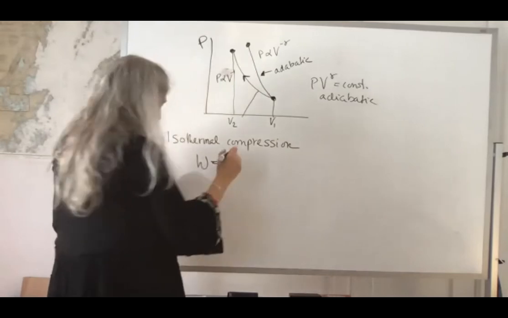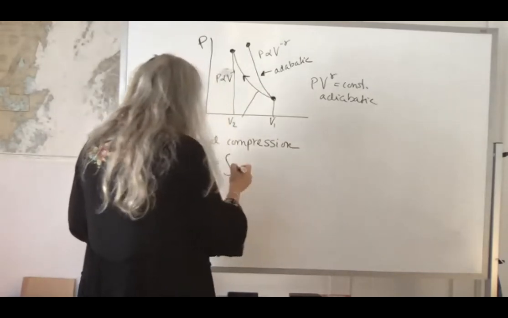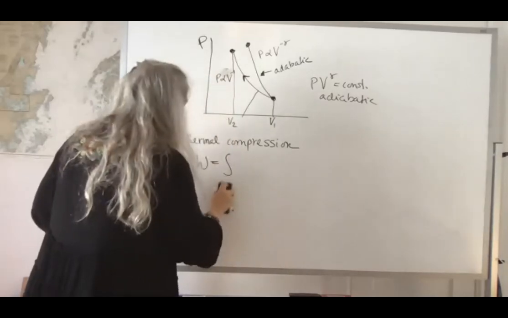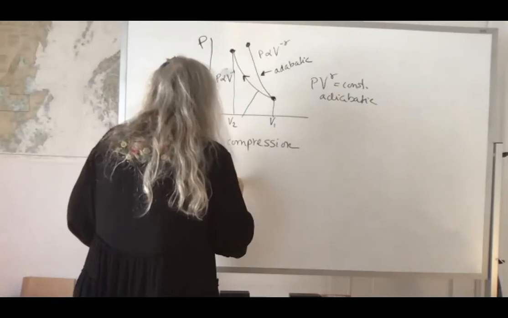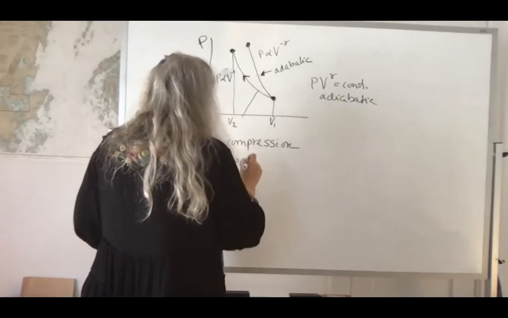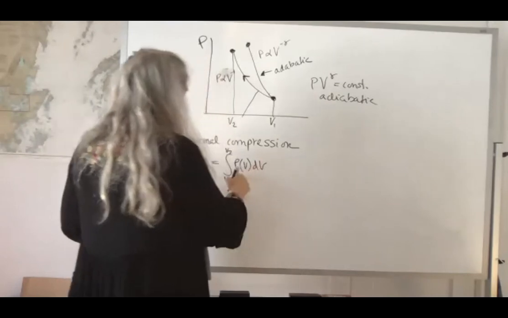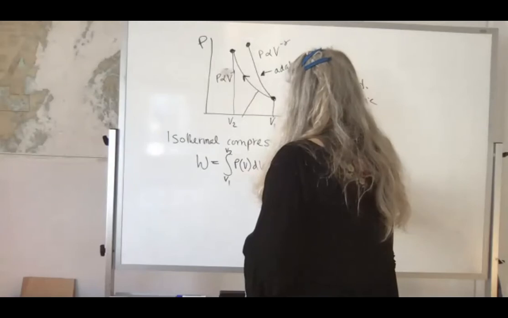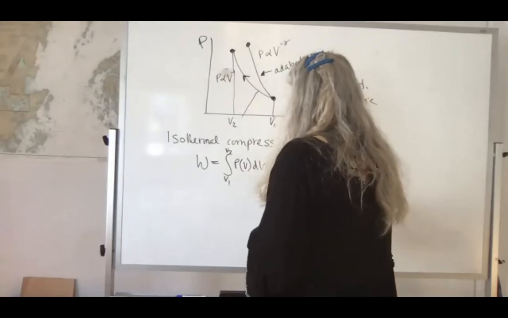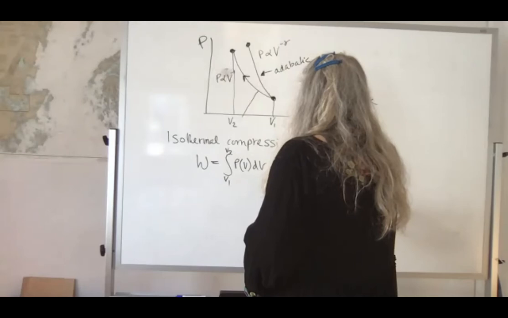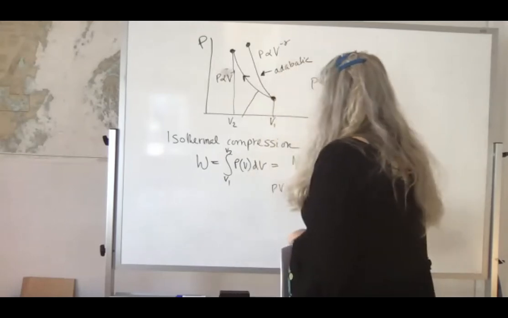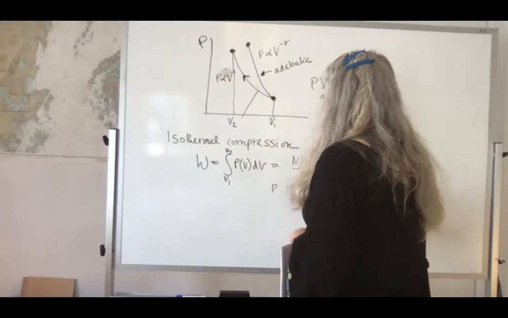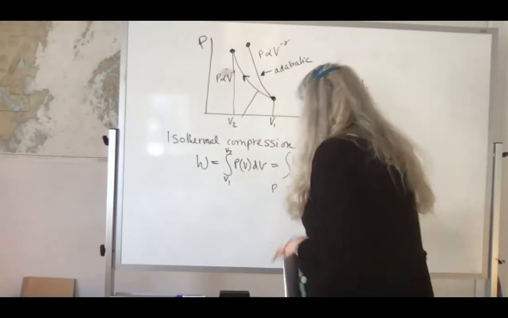W is going to be the integral from P1, V1, it's P dV, and I'm integrating over volume, so V1 to V2, P dV. If it's isothermal, I've just used the ideal gas law, so PV is equal to N k T, which means P is N k T over V, integral dV.